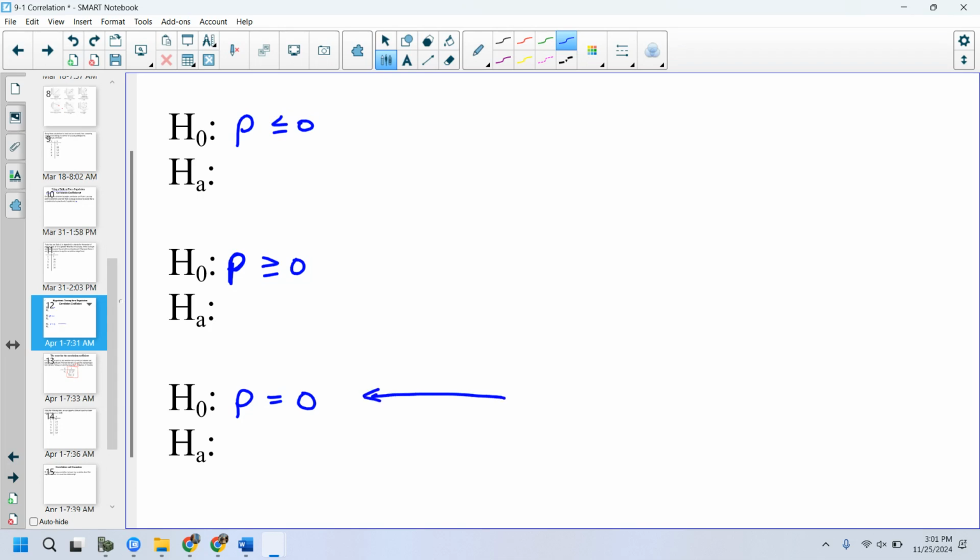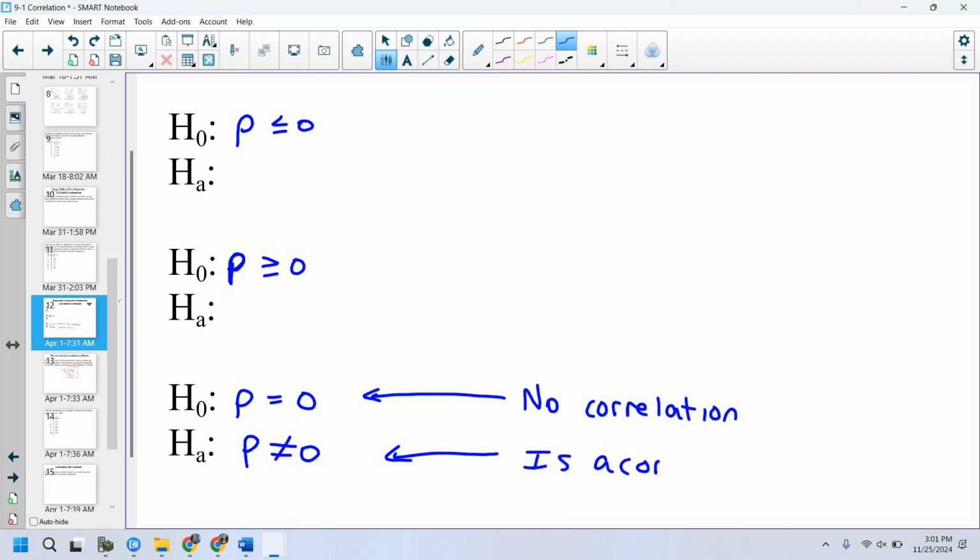If rho is equal to 0, that means that there is no correlation, right? That is no correlation at all, right? If rho is not equal to 0, that must mean that there is a correlation. Not necessarily saying that it's bigger or smaller than 0. I'm just saying it's not 0. I'm not saying whether it's positive or negative.